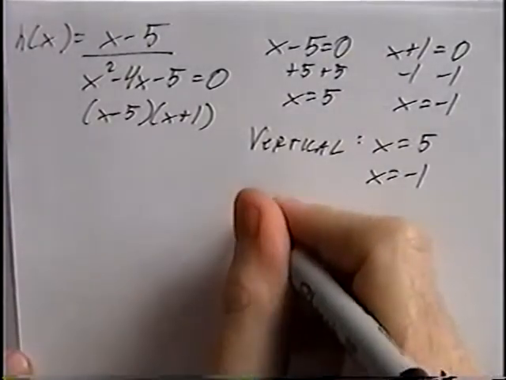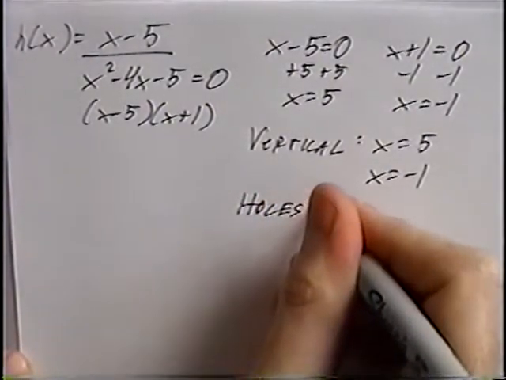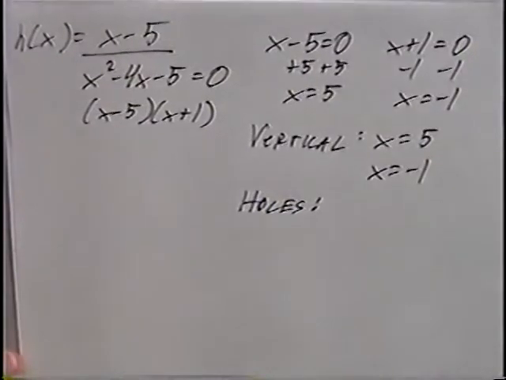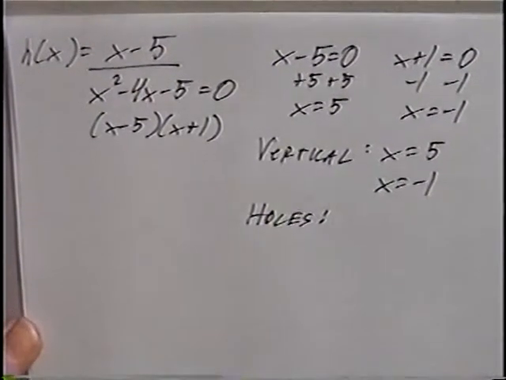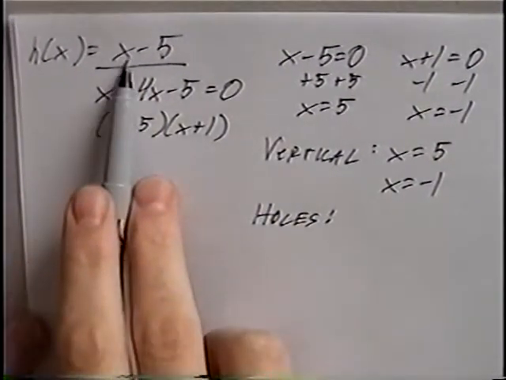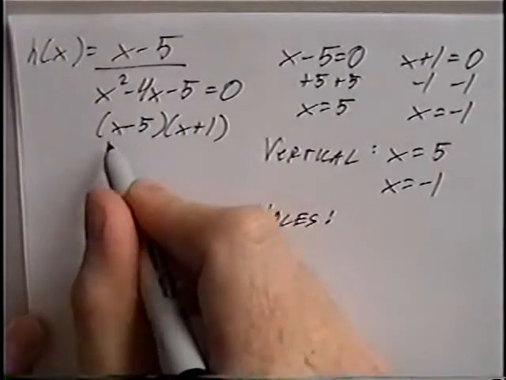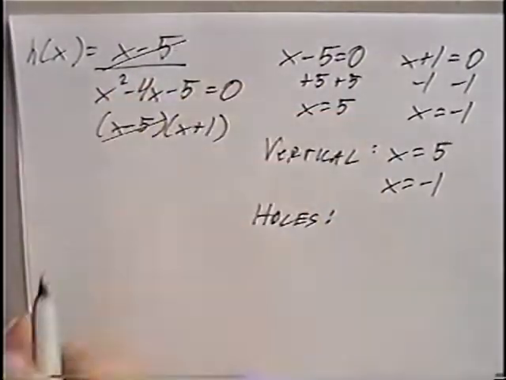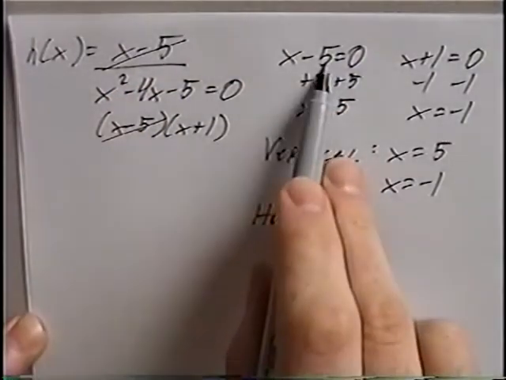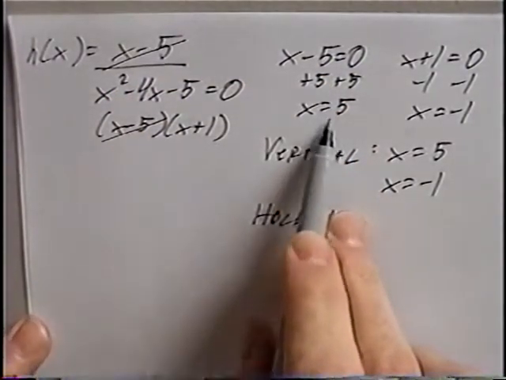For the holes on this graph, again, the definition of a hole is if a factor cancels out. If we go back to our original question, we have x minus 5 in the numerator, x minus 5 in the denominator. So these two factors would cancel. And what that means is where it's equal to 0, x equals 5 would be our hole.